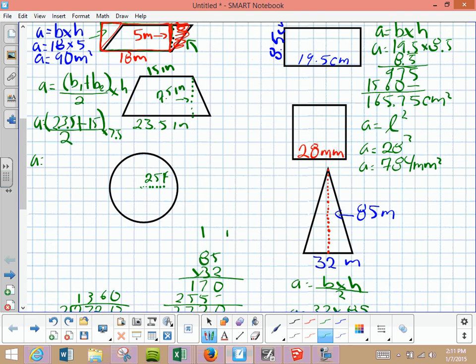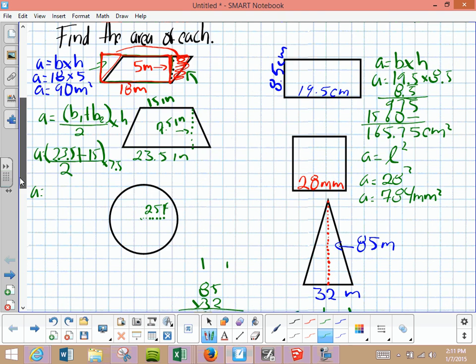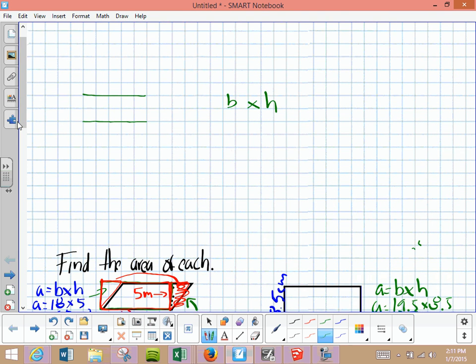Let me show you a quick representation of why that's important. How many squares are at the bottom? How many squares are on the side? What is 5 times 2? Here's why it works and why it makes sense. 1, 2, 3, 4, 5, 6, 7, 8, 9, 10.